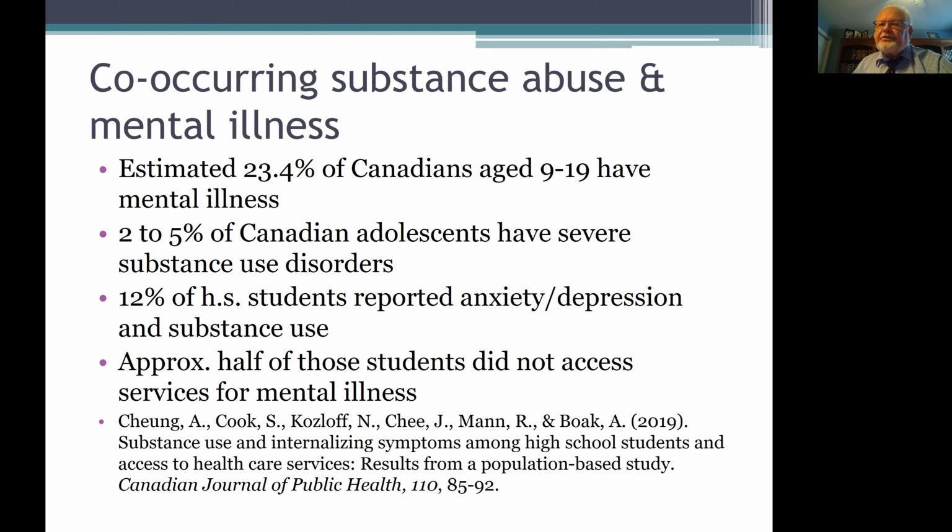The article reports that an estimated 23% of Canadians ages 9 to 19 have mental illness, while 2 to 5% of Canadian teens have severe substance use disorders. 12% of high school students reported having anxiety or depression as well as substance abuse, but only half of them were able to access services for mental illness. These statistics suggest that there's really a need to pay attention to that in youth.